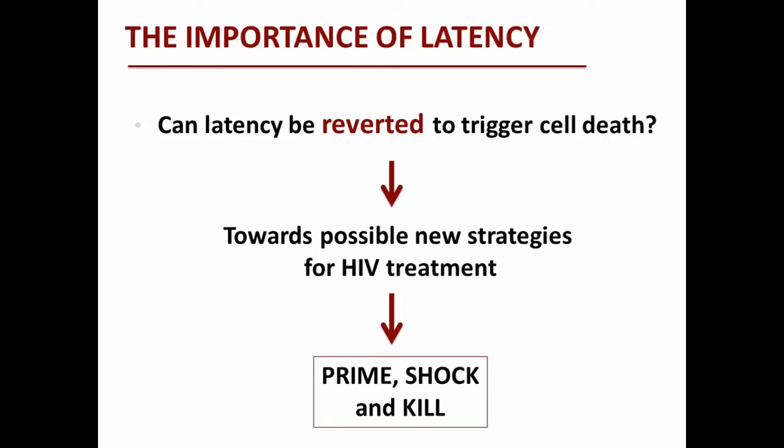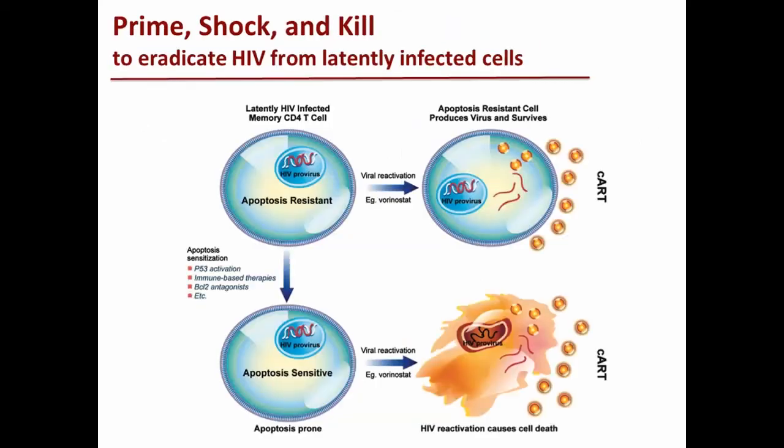Many people try to reverse the reservoir and the latency of the virus by activating cells, and there are systems to perform what has been called shock and kill. The logic is that some laboratories try to activate the reservoir in patients by using vorinostat or other drugs that are able to induce the production of the virus and to show the immune system that cells are infected and can be killed by CD8 cells.